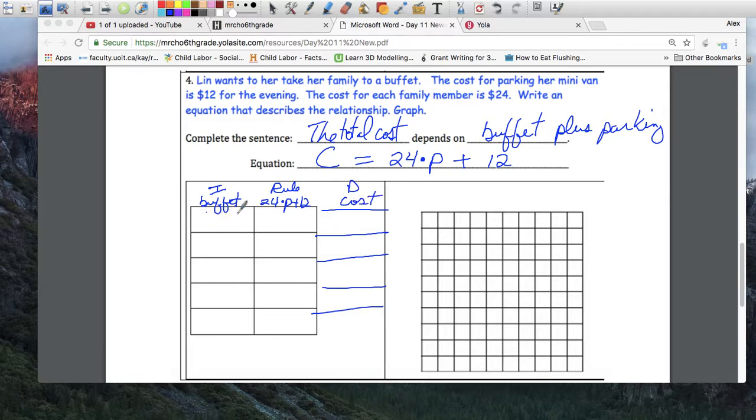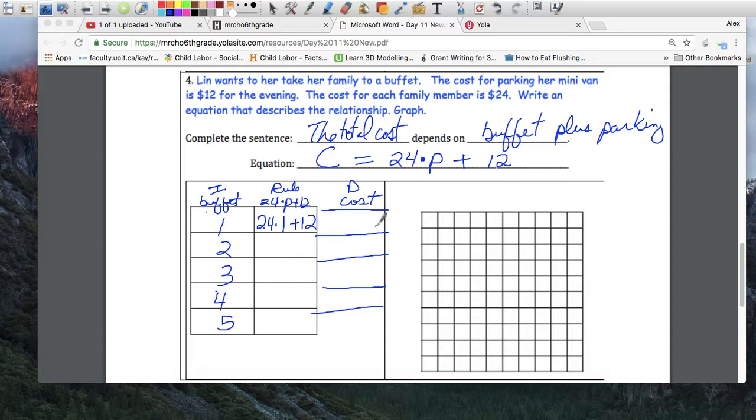So if one person comes, and right now, let's go from 1 to 5. I don't know how big this particular family is, but let's see. 1, 2, 3, 4, 5. So if one person comes in, it's 24 times one person plus 12.